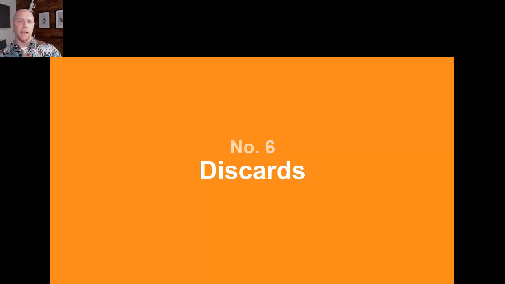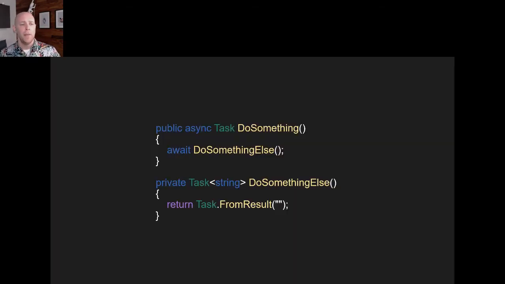Okay, number 6, discards. Discards are weird, but they're actually kind of awesome as well. So imagine you have this class here that has 2 methods. It has DoSomething and DoSomethingElse. And as you can see here, DoSomethingElse returns a Task of string. And in the DoSomething method, we await that.